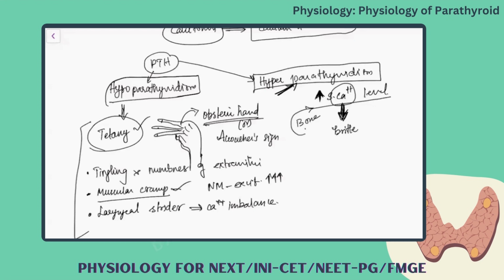Calcium is required for the bones, for the neuromuscular activity, and for muscle contraction, everything. Okay, so all these things are happening at the level of the cells. But this parathyroid hormone will not think about all those cellular functions. Its main aim is to maintain the serum calcium level, the calcium which is in the circulation.